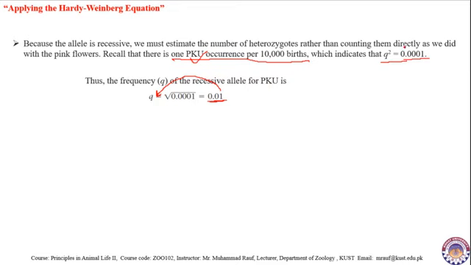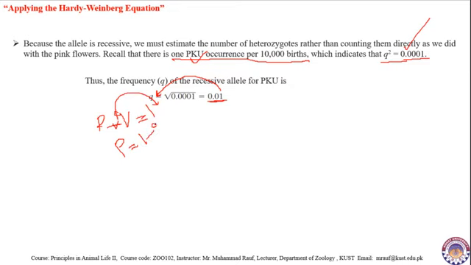This was the frequency of the PKU genotype, and we already know that p plus q is equal to 1. So if we know the value of one of them, then the value of the other can be estimated automatically. So you put p here and then shift q to this side, it will become negative.